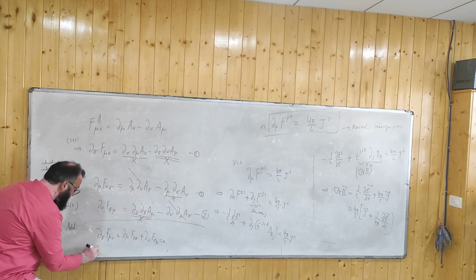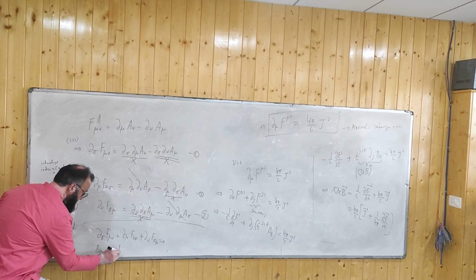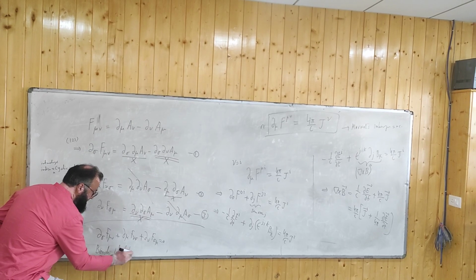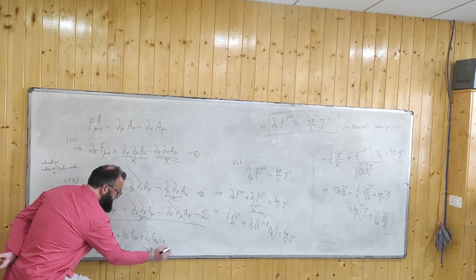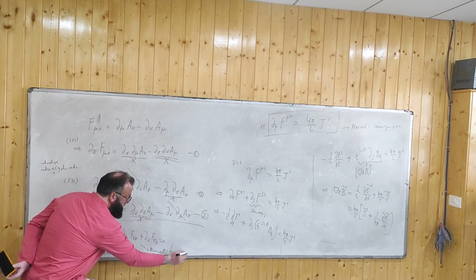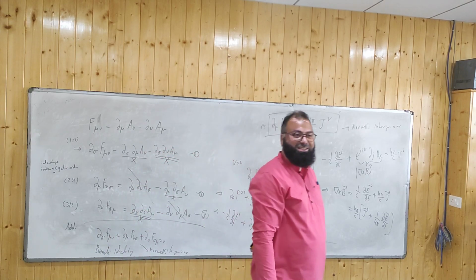So this is known as the Bianchi identity, and this represents Maxwell's homogeneous equations. Two homogeneous equations come from this.